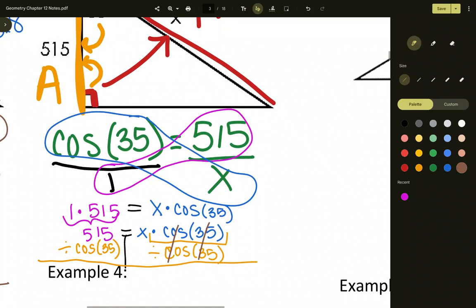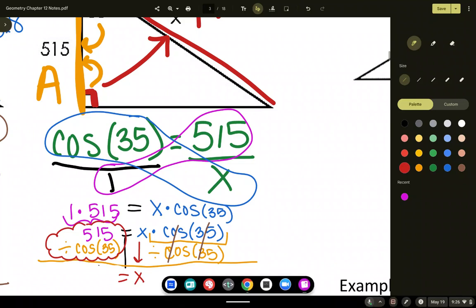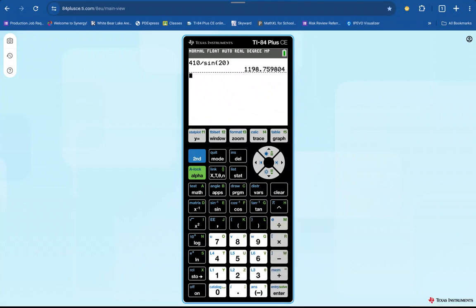Excuse me. And then again, I write too big and I run out of room. So if I solve this out, the x will drop down, and then I physically type in 515 divided by cosine of 35. So I'm going to go back to my calculator.